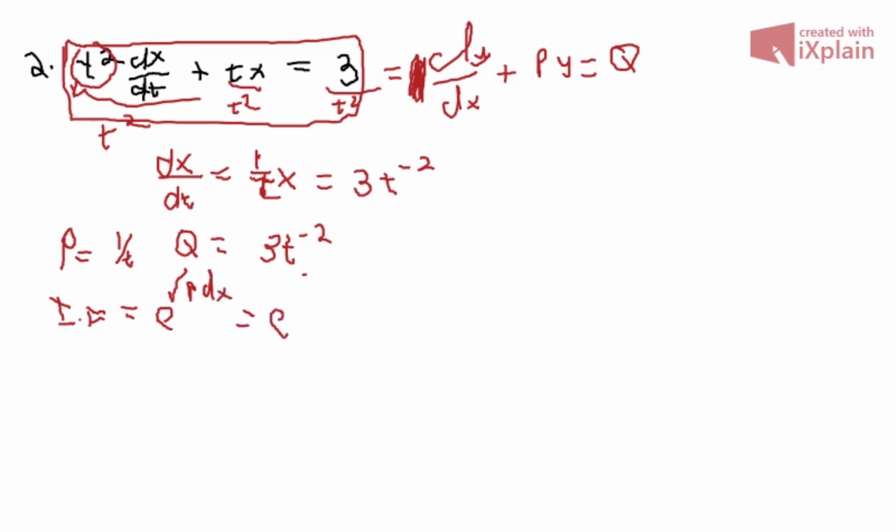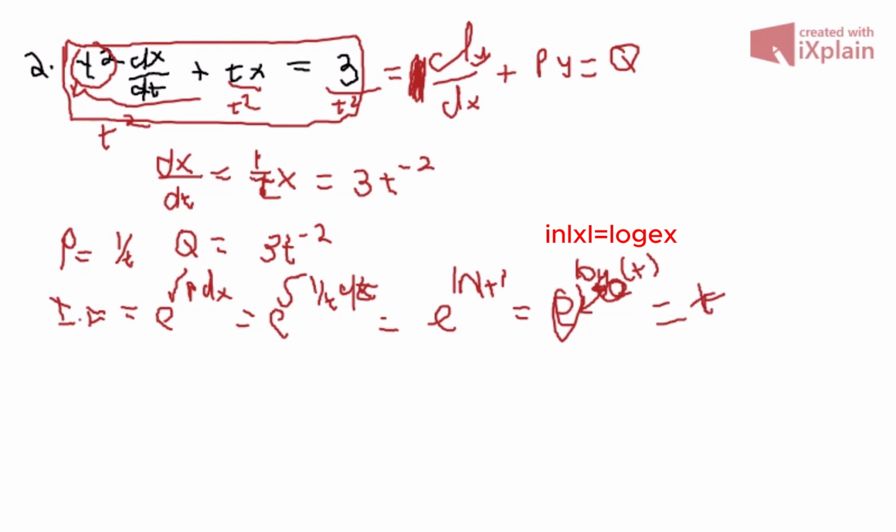So it will be e to the power integral of 1 over t dt, which is e^(ln t). If we convert this to log, it will be e to the log base e of t. Because the bases are the same, it will make it t. That means our integrating factor is t.